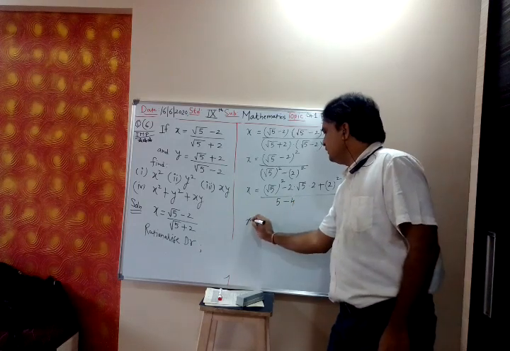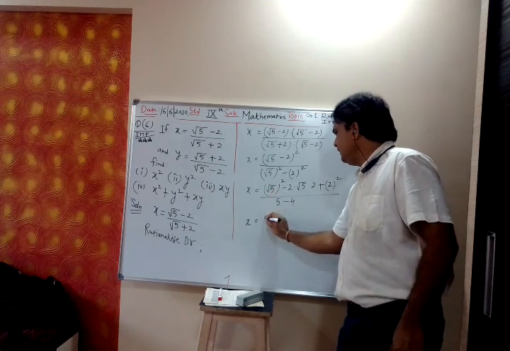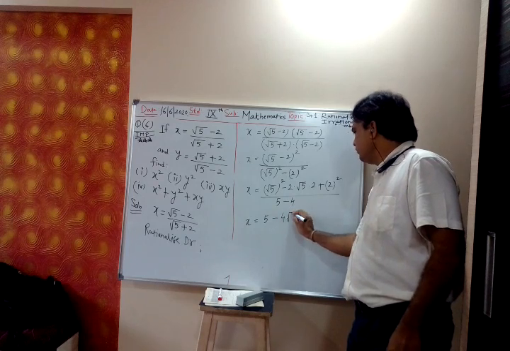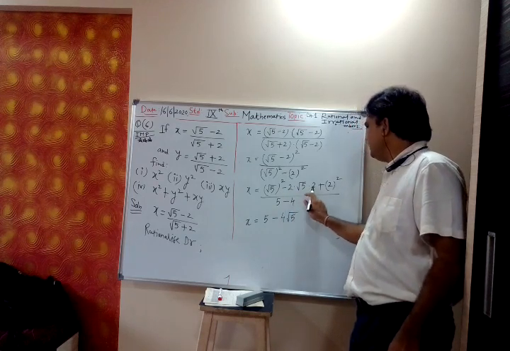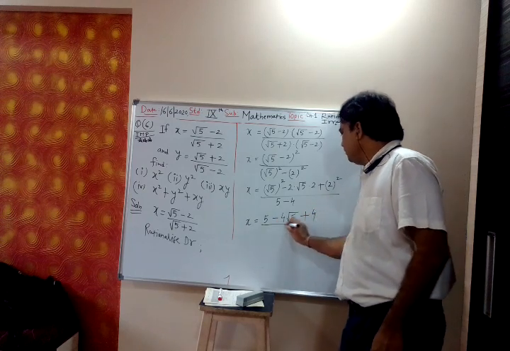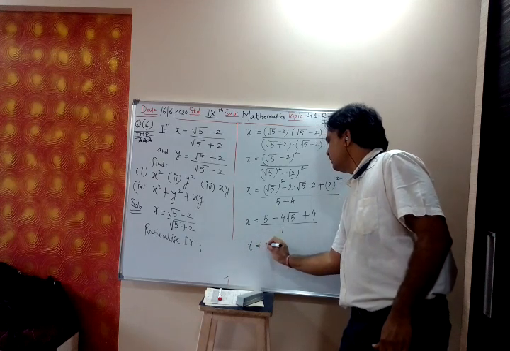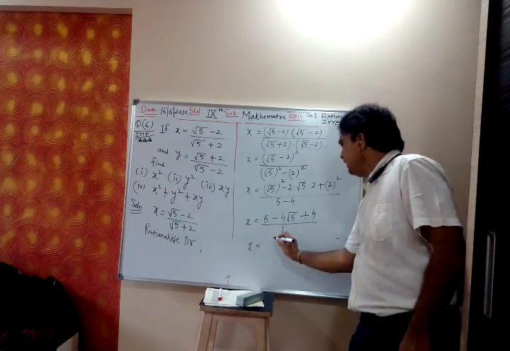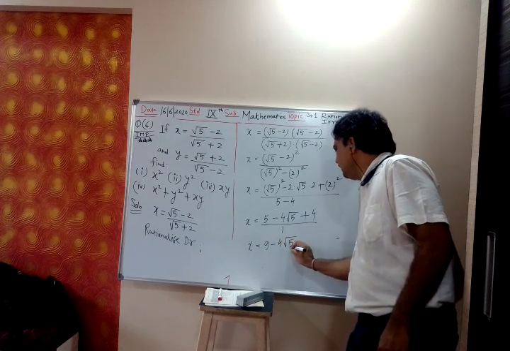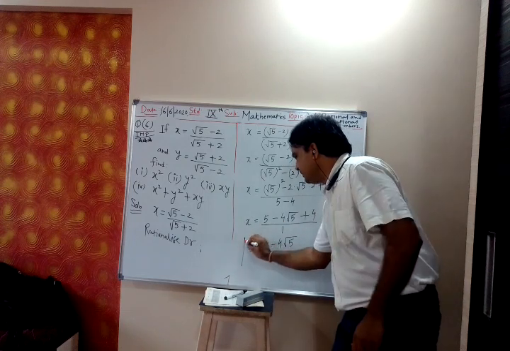So x is root 5 square is 5 minus 2 into 2, 4 root 5, plus 2 square is 4 upon 5 minus 4 is 1. So x is 5 plus 4, 9 minus 4 root 5. X is 9 minus 4 root 5. This is the simplification of x.